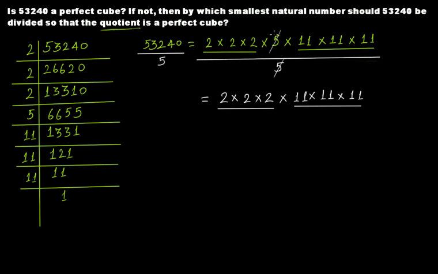We have expressed 53,240 in terms of its prime factors. But when you divide this by 5, the answer that you get after dividing is actually the quotient of this division. So divide it like this, 53,240 by 5.